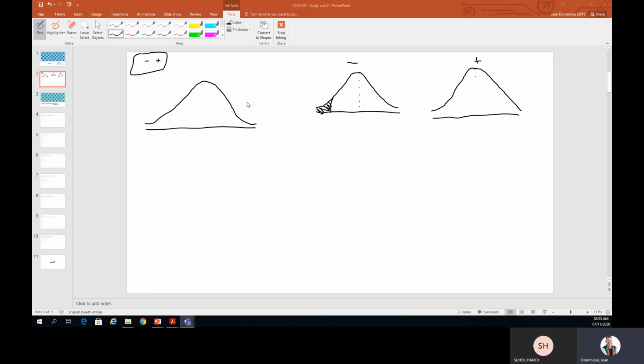How I always look at it is the negative table has the smaller part highlighted. So whatever the values are within this table, we'll always refer to that part.